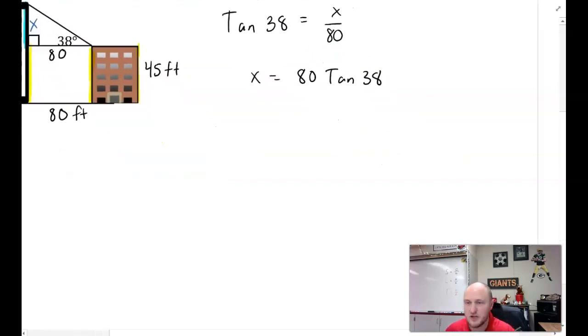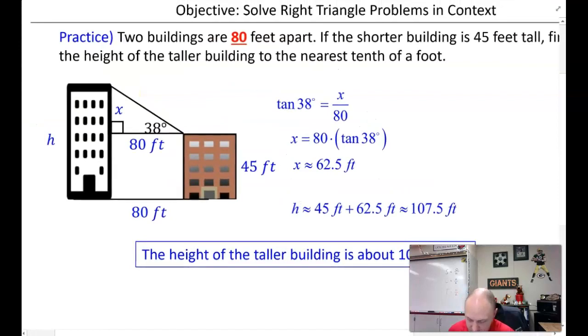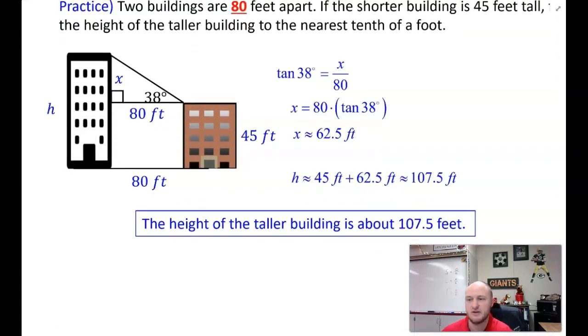Now this will only give you part of the building, 62.5 feet. You need to add that to the original 45, so the total height of the building is 107.5 feet. All right.